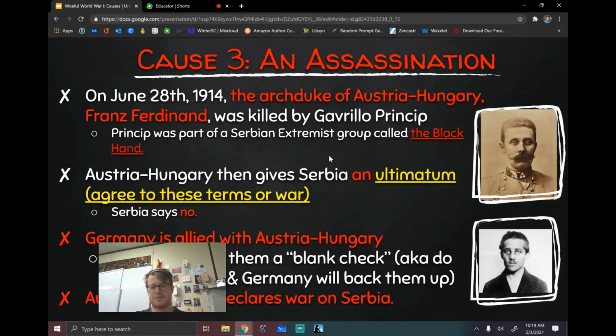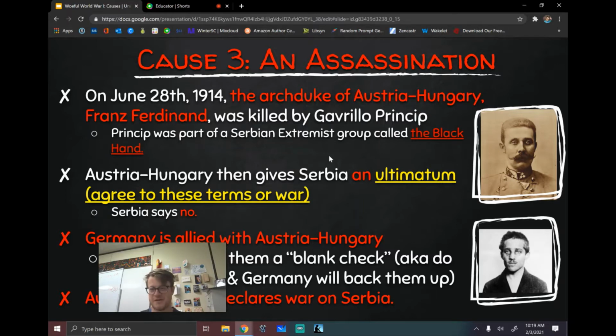And this is going to bring me to cause number 3, and what most people will point to as the actual events that get us to World War I. It is going to be the assassination of that man there on the right. That man is Franz Ferdinand, the Archduke. He's the heir to the throne of Austria-Hungary, a country that's not around anymore.